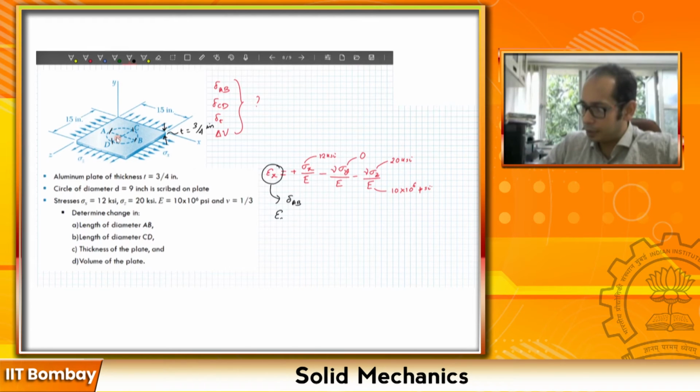My epsilon x is delta AB divided by the original length of AB, which was 9 inches. Remember, this information was given at this particular point. So with this you can easily calculate your delta AB: delta AB is my epsilon x, which you have calculated, times the 9 inches.